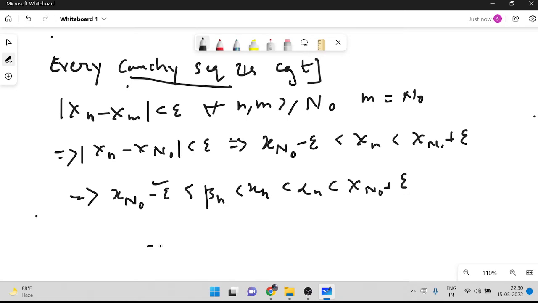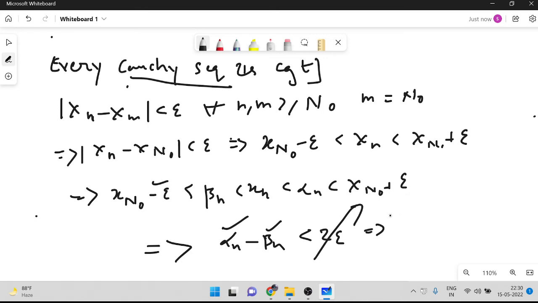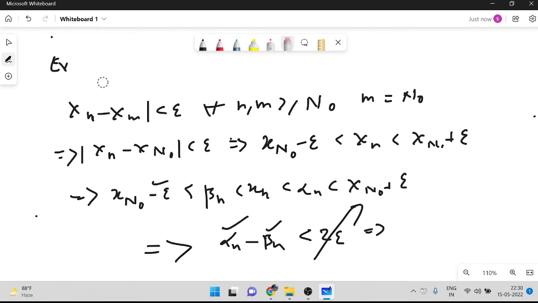So what does this mean? This means that alpha n minus beta n should be less than or equal to 2 epsilon. Since you can choose epsilon as small as possible, the infimum and supremum of the sequence are convergent, hence the sequence is convergent. So every Cauchy sequence is convergent.